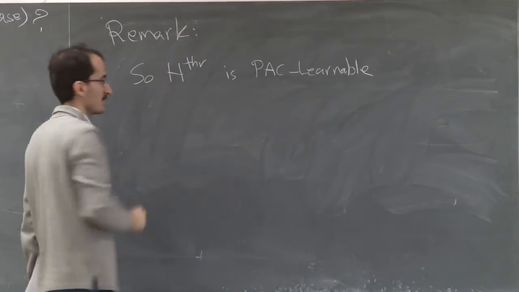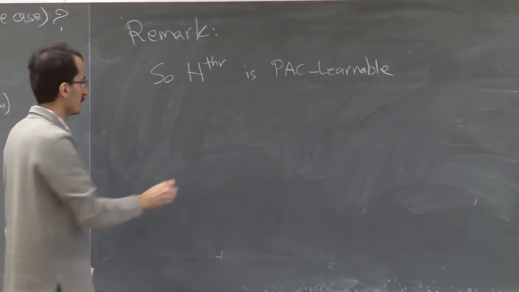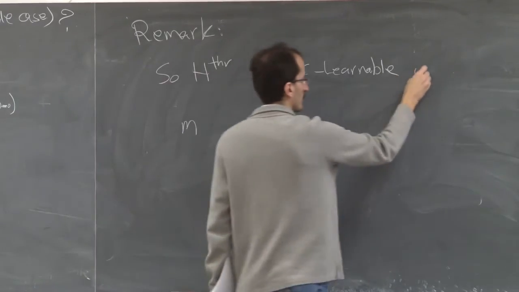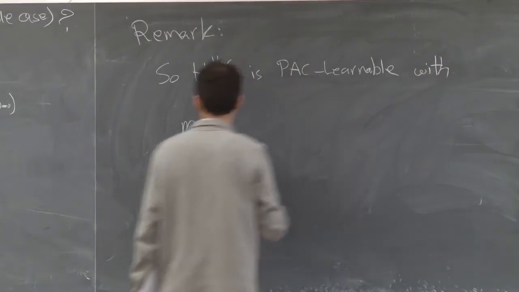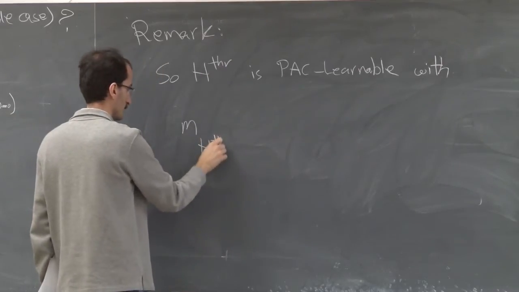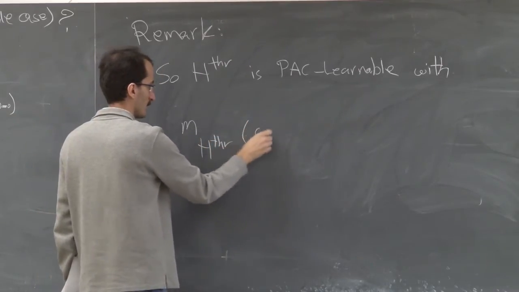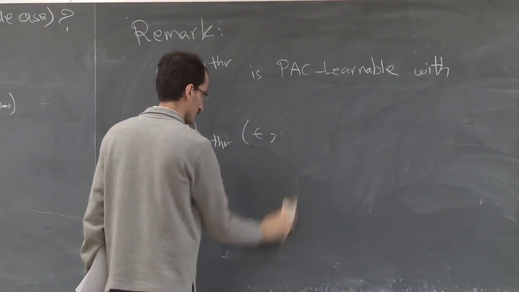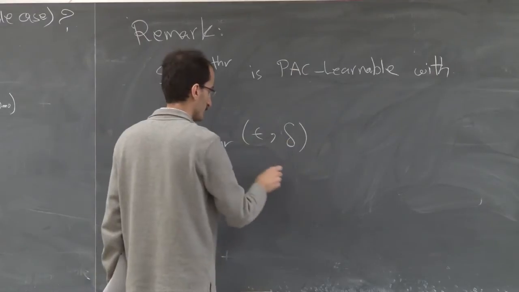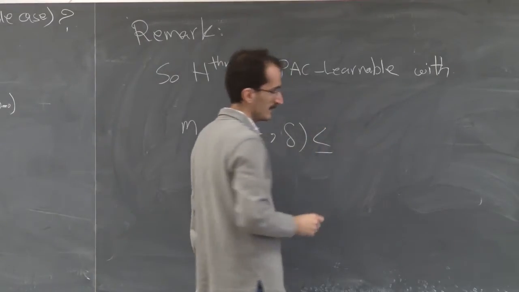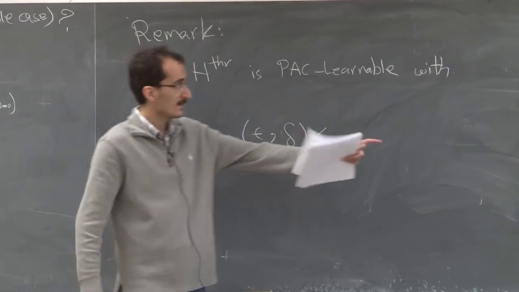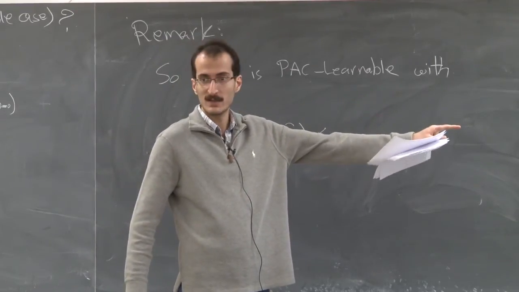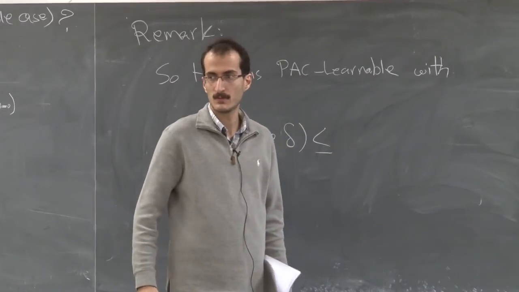It means that H threshold is PAC learnable with sample complexity less than, any suggestions, based on the bound that we found on the probability of error.